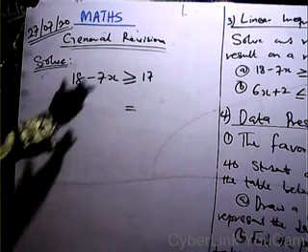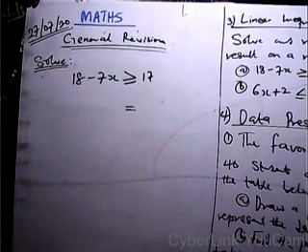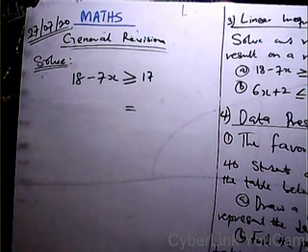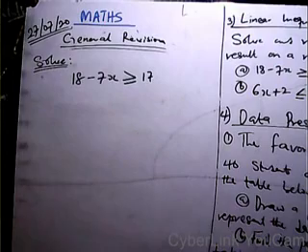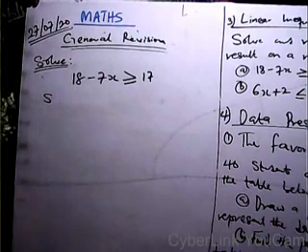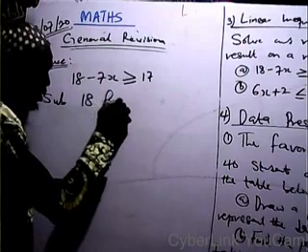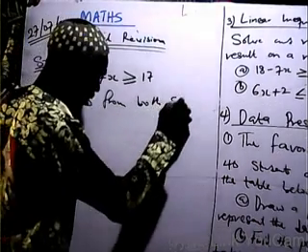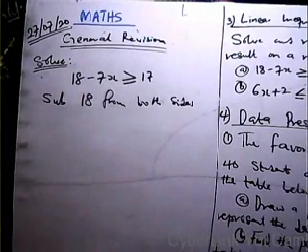You know that you should remove this 18 from this side, leaving the one that has s. Using the balancing method, you are subtracting, because this 18 has plus, you are subtracting 18 from both sides.